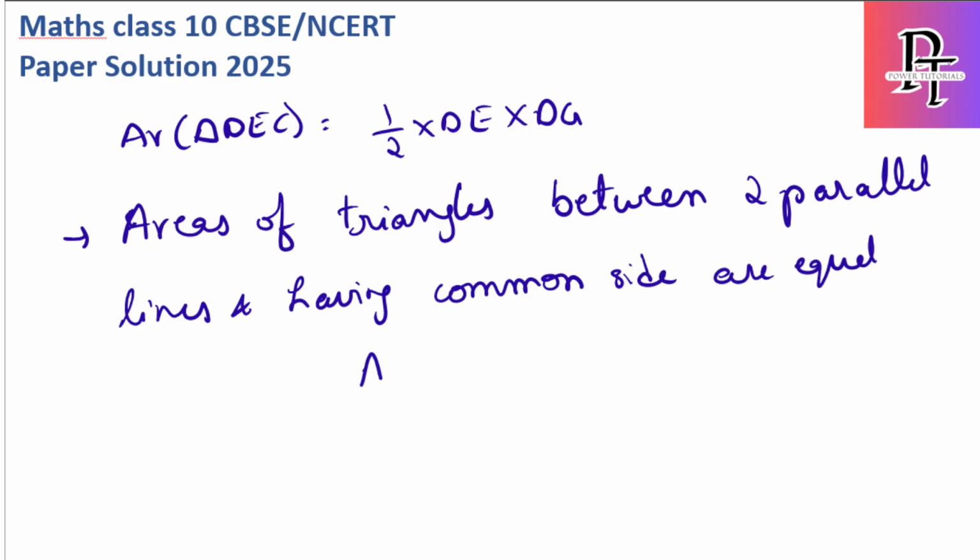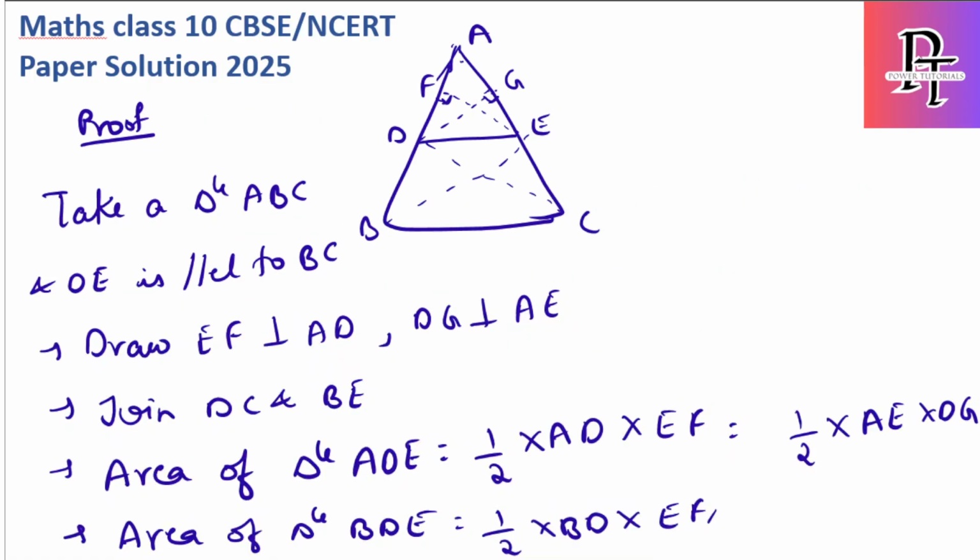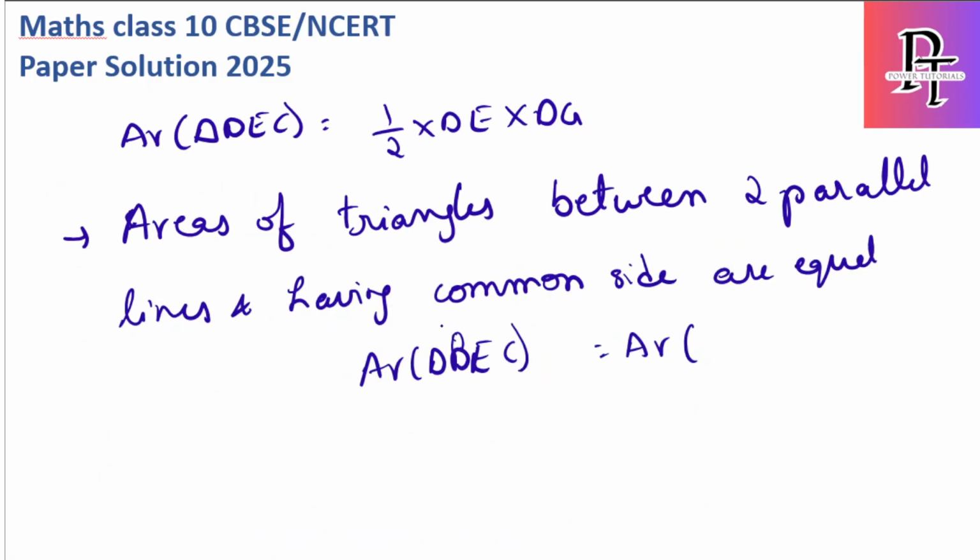So simply, area of triangle BDE is equal to area of triangle DEC. It's not BEC, it's BDE, which is equal to area of triangle DEC.